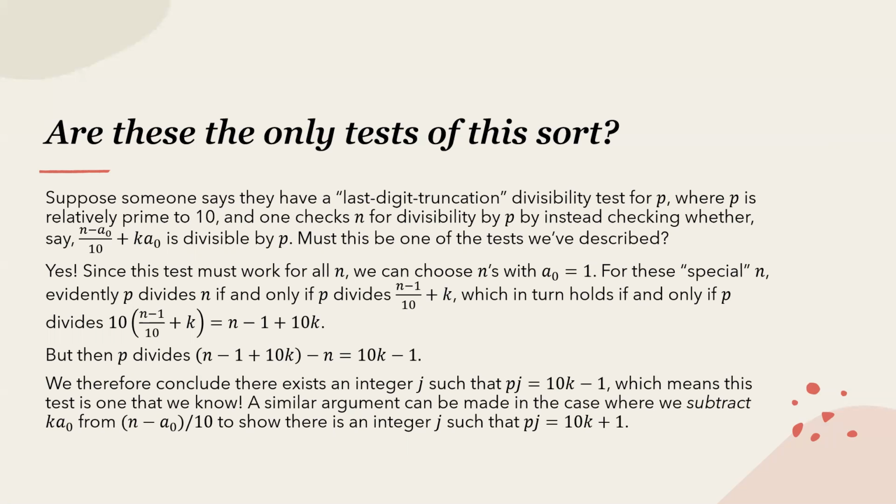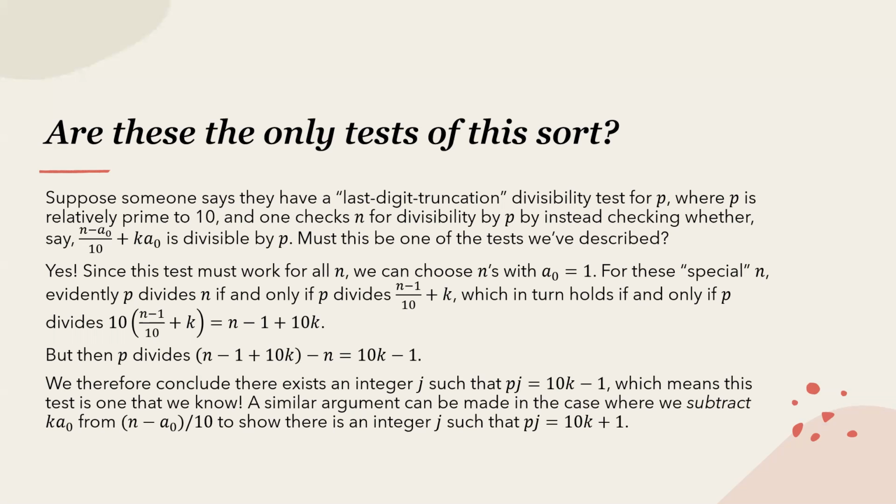And here's what you do. You truncate the last digit and you add k times the last digit to what remains. So the question that Dr. Fry and I had in our minds was, is that test accounted for in what we did? Is it something that we already had in our analysis?